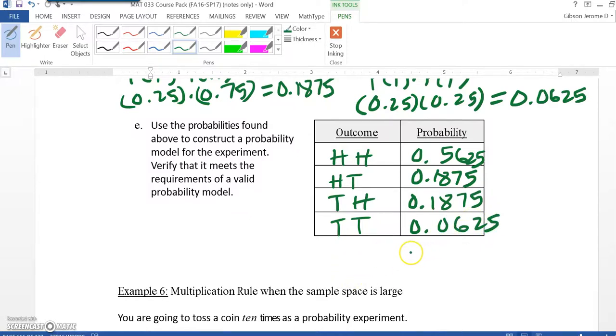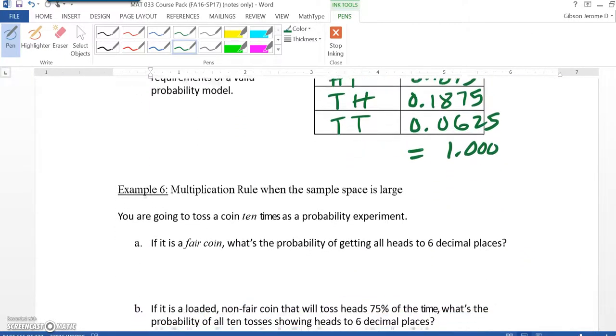Their sum was equal to 1.000. So this does verify to be a good probability model, because the total of a probability model must equal 1, or be very close to 1. So that is our final answer. So it does prove it.